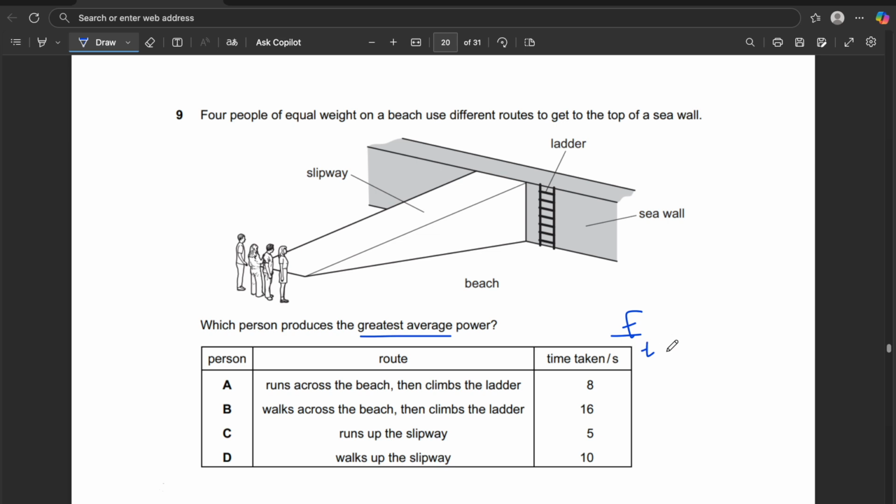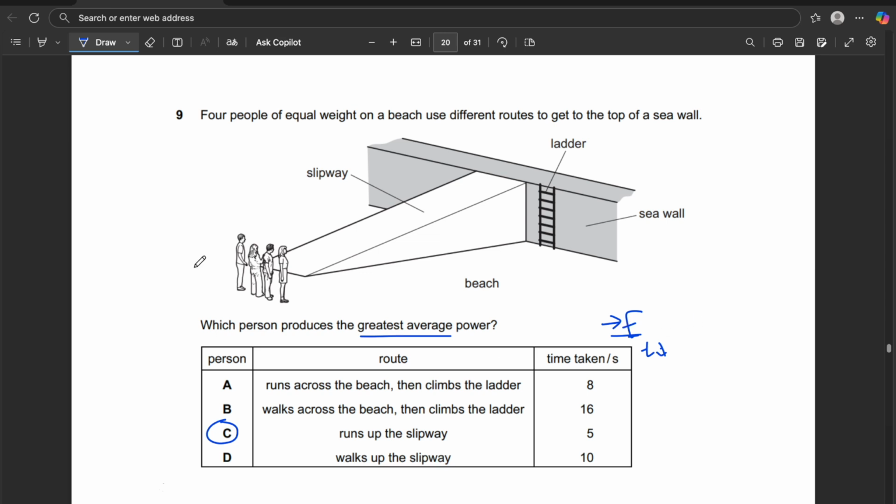So we have to consider the lowest time taken. And for energy, it doesn't matter which route you take. In the end, you will have gained the same amount of energy. So it only depends on time. So it will be C.